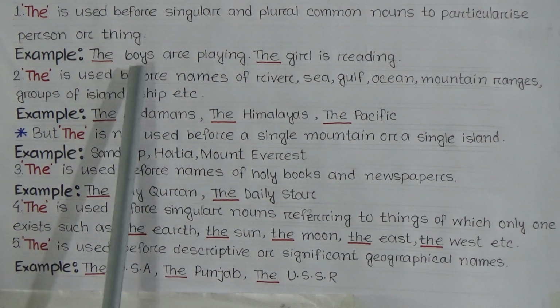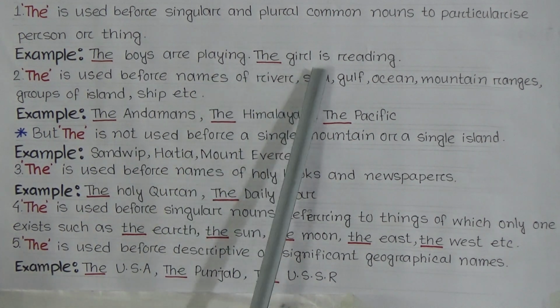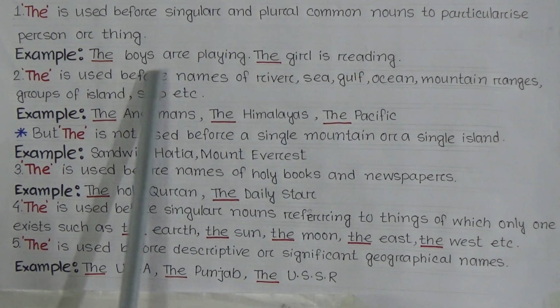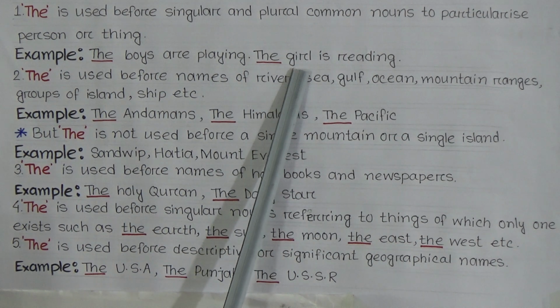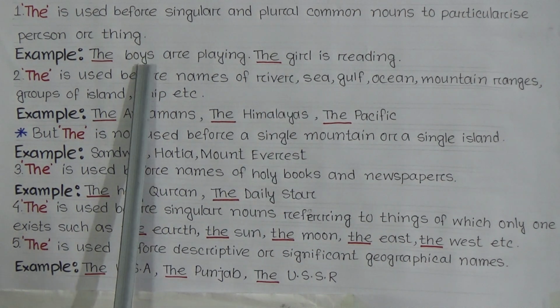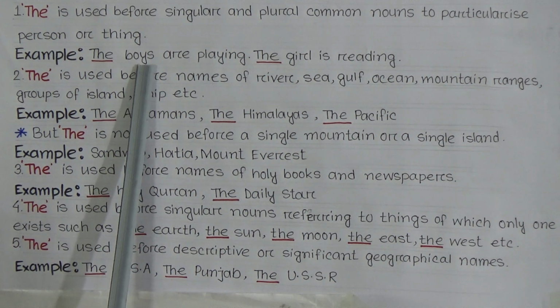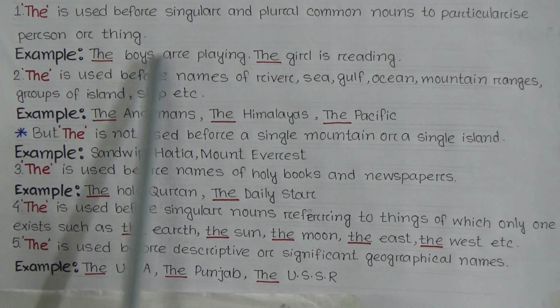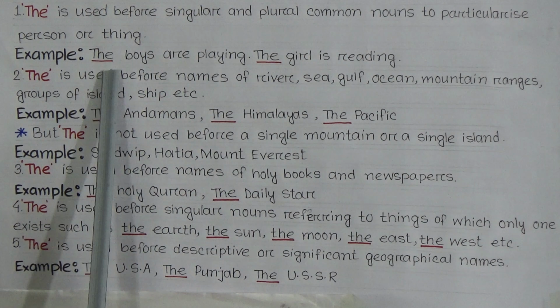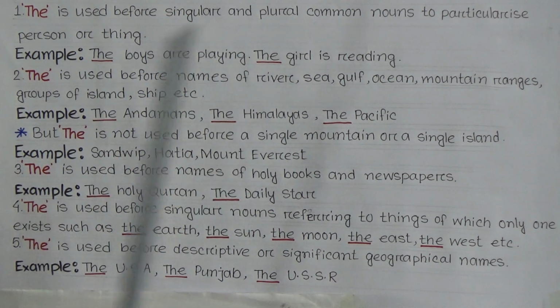Come to the example: the boys are playing, the girl is reading. So look, here we find the common nouns boy, girl. We know these are called common nouns, and here boys is a common plural noun, while girl is a singular common noun. So before these singular and plural common nouns we have used the article the.